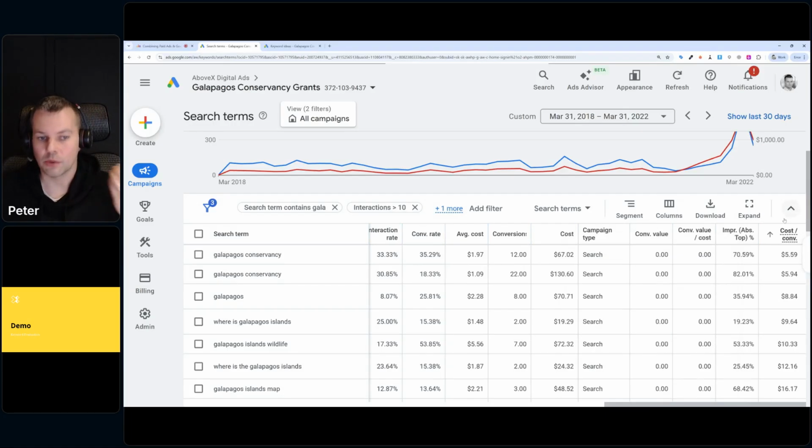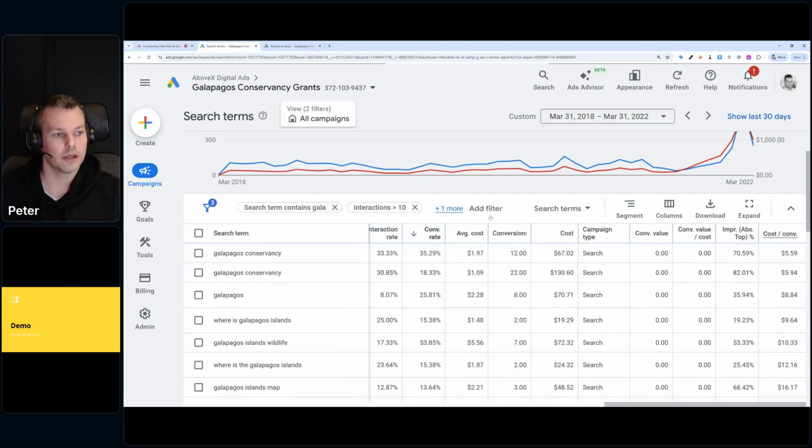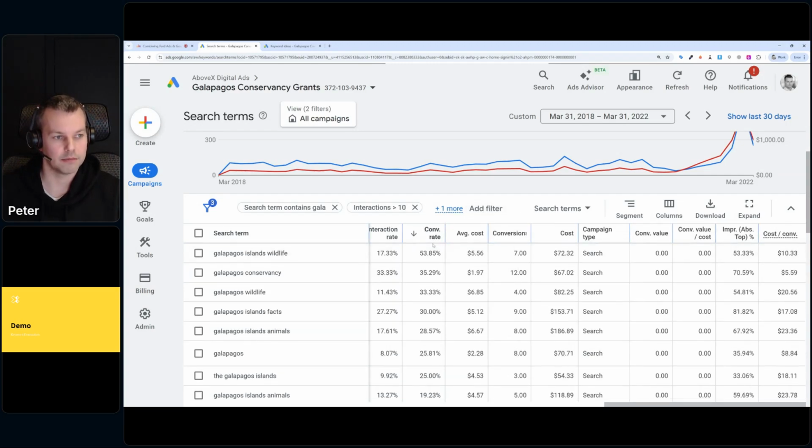Okay, and what I want to do here is to look at the keywords where we were not number one, but where our conversion rate has been high, right? So when we order the keywords by conversion rate, these are the search terms with the highest conversion rate historically.